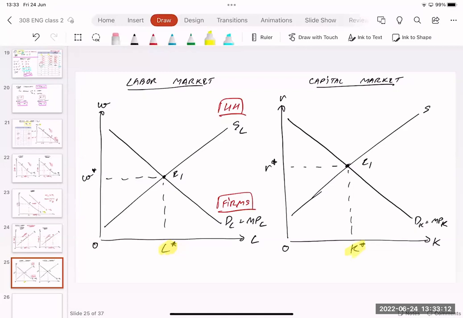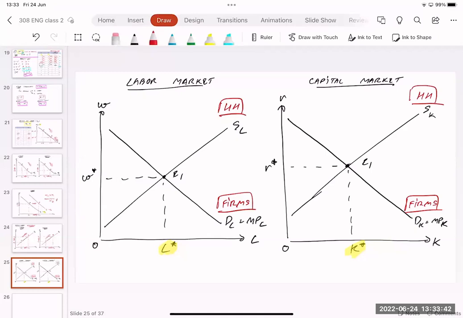K star is the amount of capital in the economy. Same thing: demand for capital comes from firms or the business sector. The ones who want to supply capital are, of course, households.